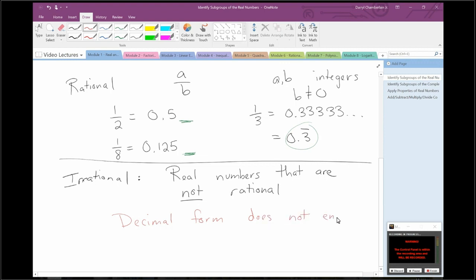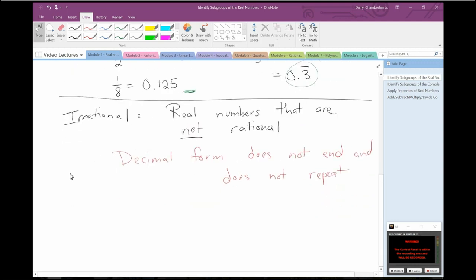It doesn't look like 0.5, and does not repeat. So it does not end like 0.5, it does not repeat like 0.3 repeated. And these will usually be the square root of some number, maybe 3, or there'll be some very, very special numbers that we are kind of familiar with, pi or maybe e.